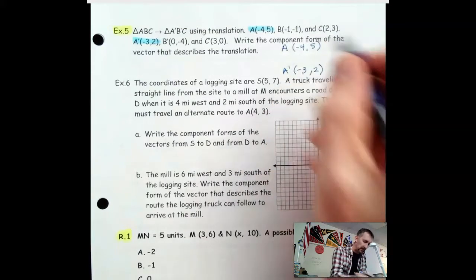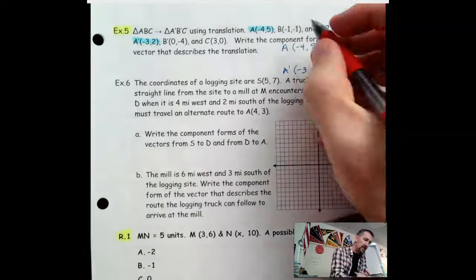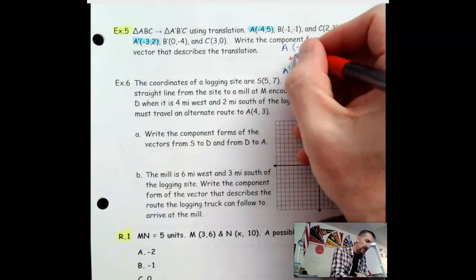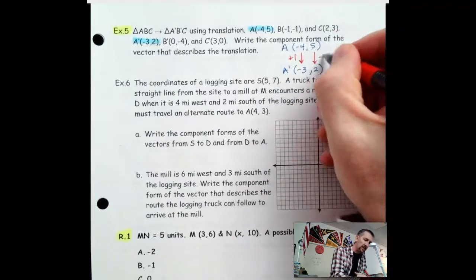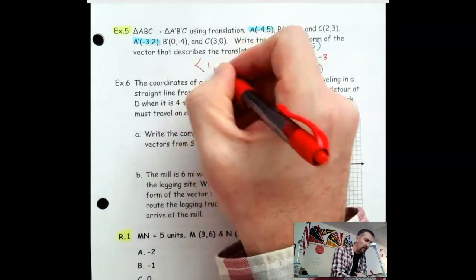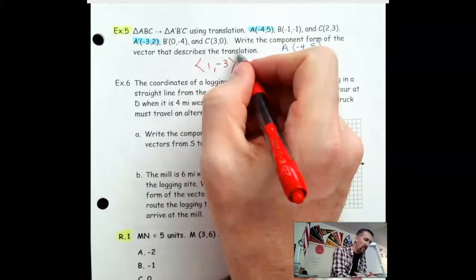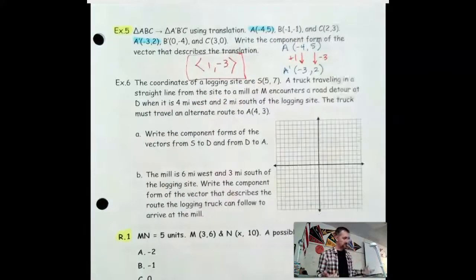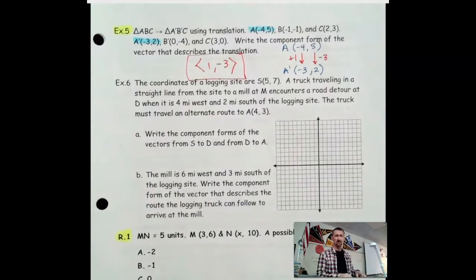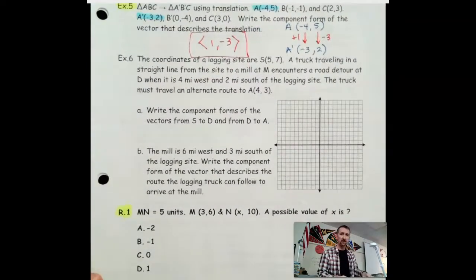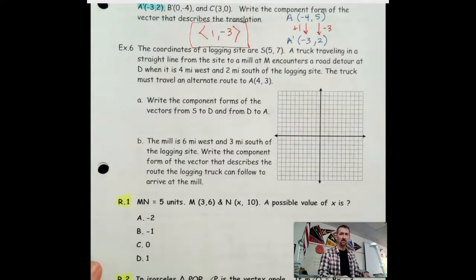So if we look at what happened, okay, what happened here? That's plus 1. What happened here? That's minus 3. So 1, negative 3. Component form, that's what I did. That's it. Went kind of fast there. I probably should have went slower so you could pause it and try that out.